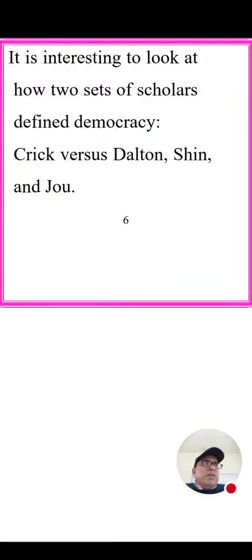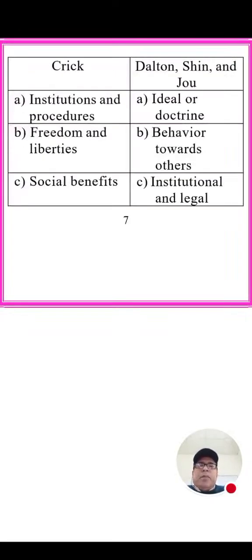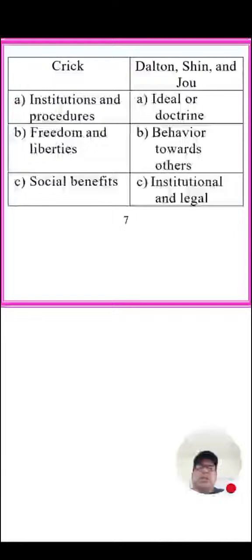So it's a very interesting book. In this book, he talks about democracy in terms of institutions and procedures, freedom and liberties, social benefits. So these three things he attributes to democracy.